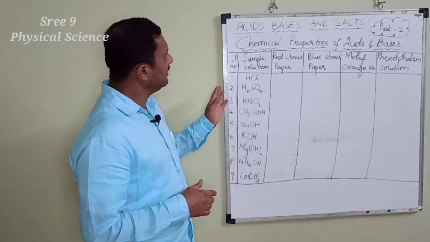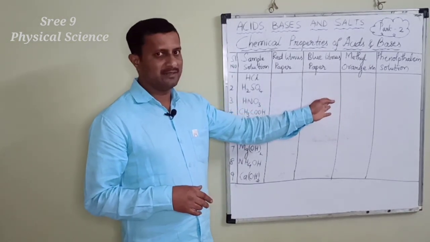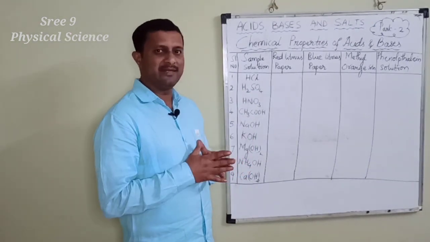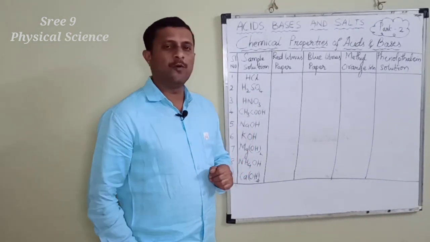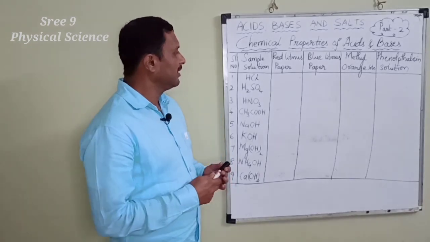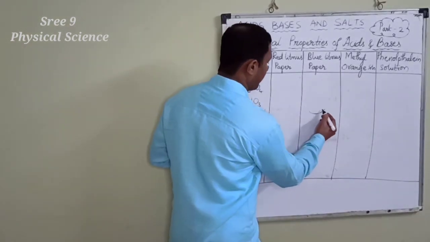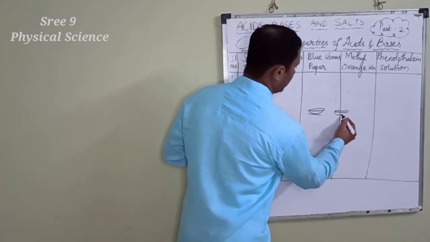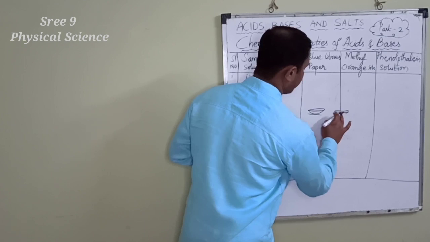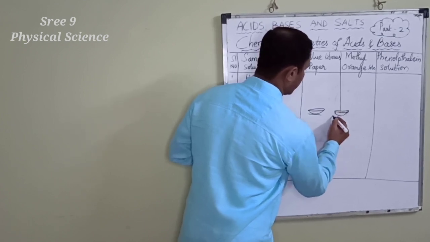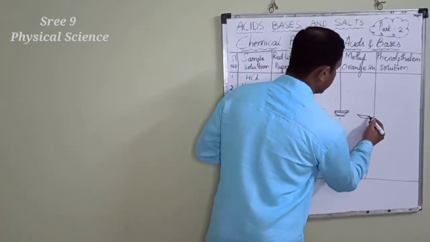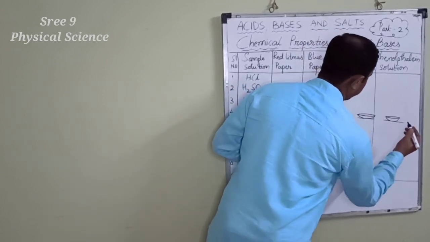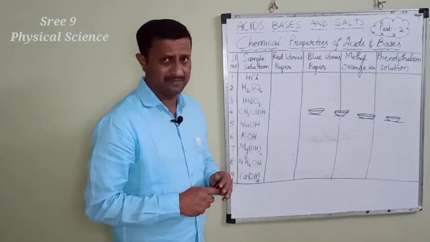Now here in this lab activity 1, how do we test all these acids and bases? Simple. Here we have to take 4 watch glasses, and the 4 watch glasses should be dried, right?